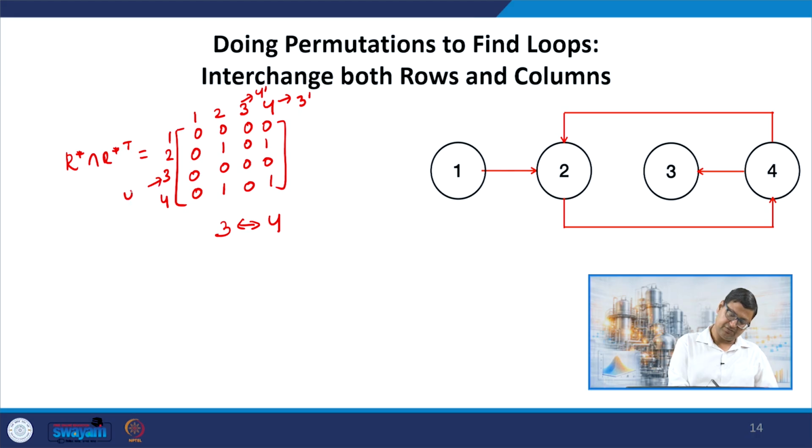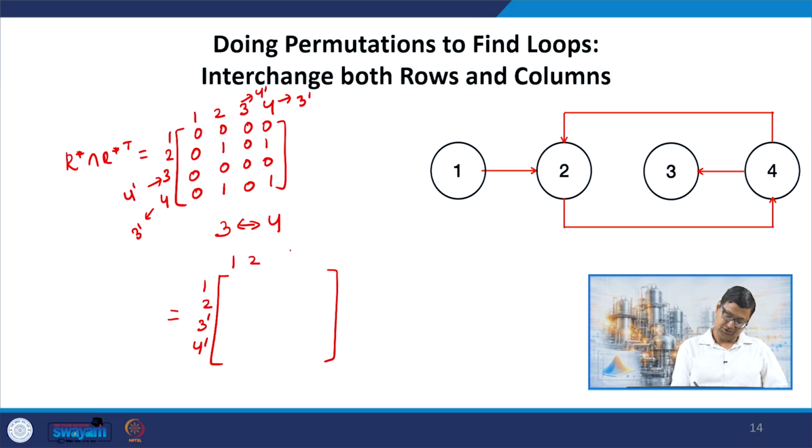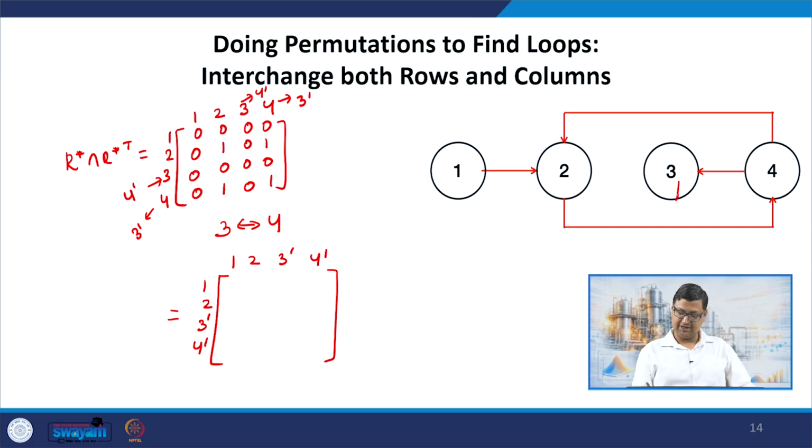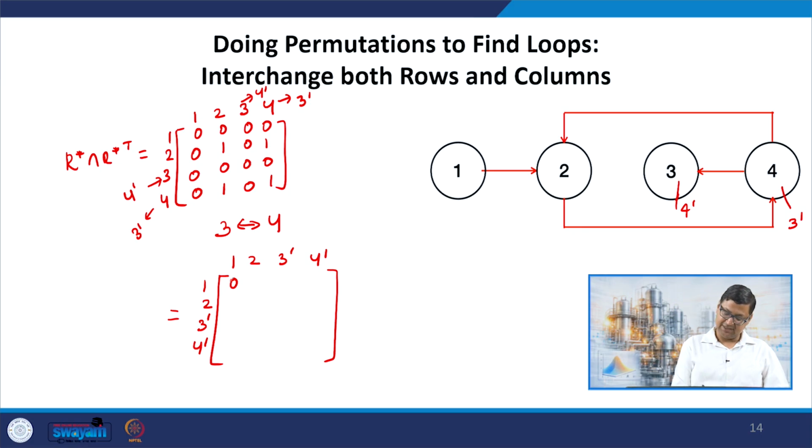I can again write this new matrix with 1, 2, 3 prime, 4 prime along the rows and columns, which is my interchange. So 3 has become 4 prime and 4 has become 3 prime. And what we should get now is something that we had earlier.